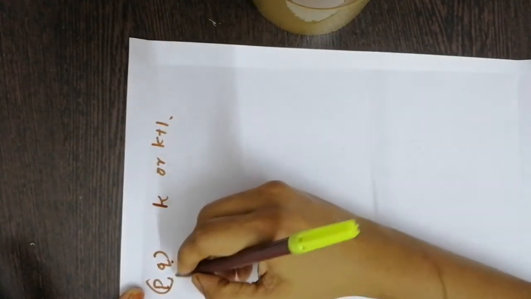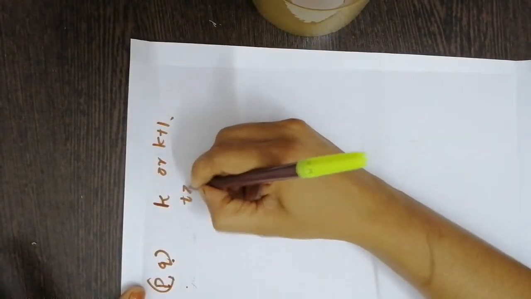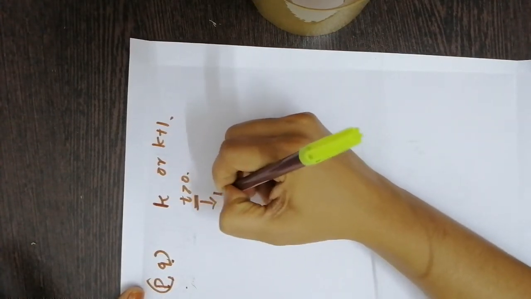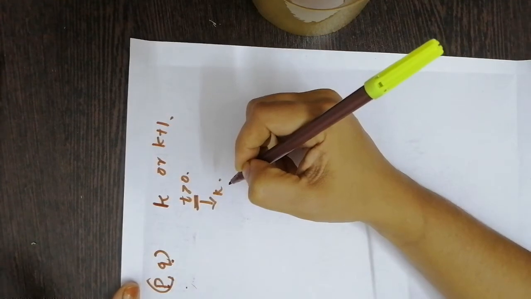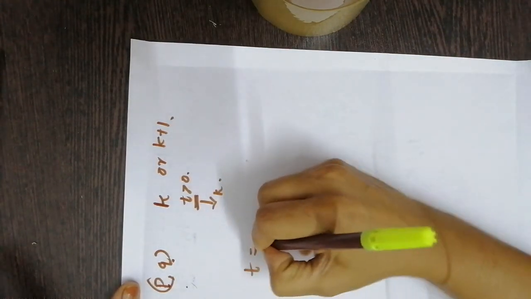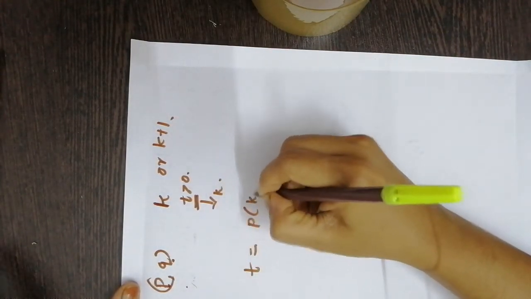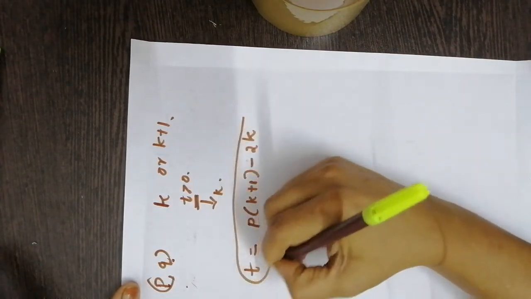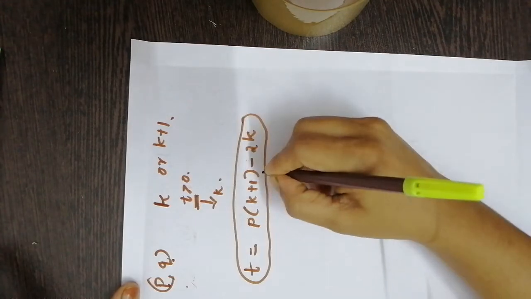If G has t greater than 0 points of degree k, show that t equals p times (k plus 1) minus 2q. So we are going to prove this.